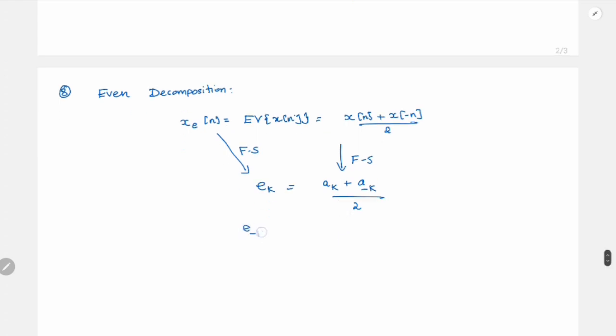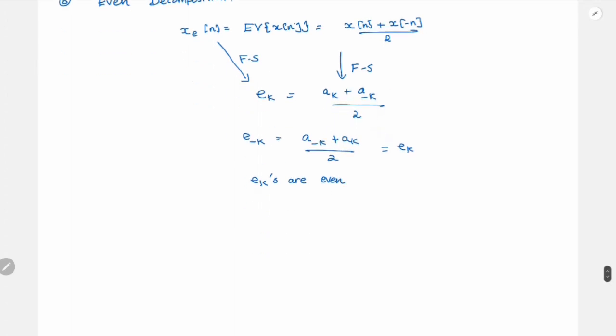So if you consider e_minus k, you can say that is also equal to e_k, right? So the e_k's are even. So if we also consider x of n is real, then we also have a_minus k equal to a_k conjugate, right?